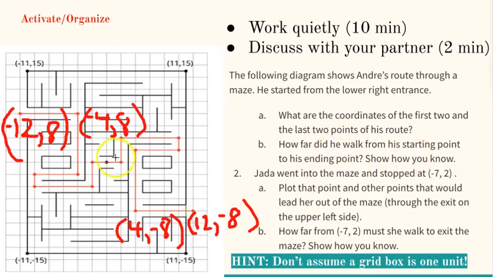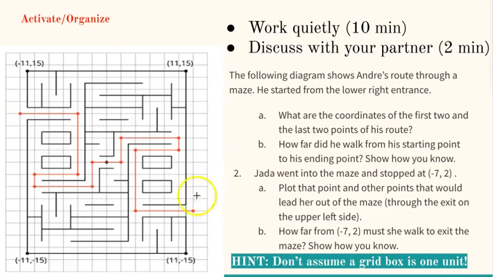So how far did he walk from when he walked in to where he got out? Well, let's clear those. Each one of these is worth 2 units, right?